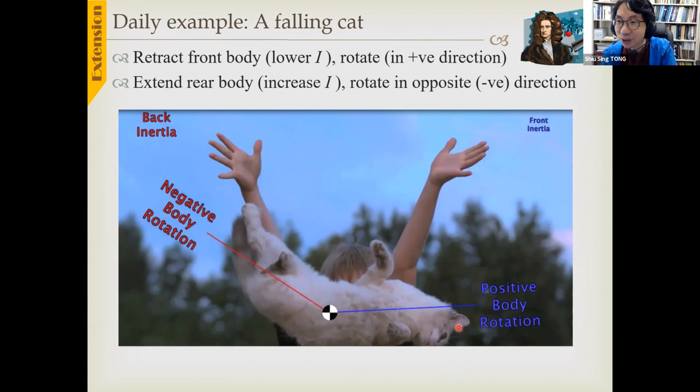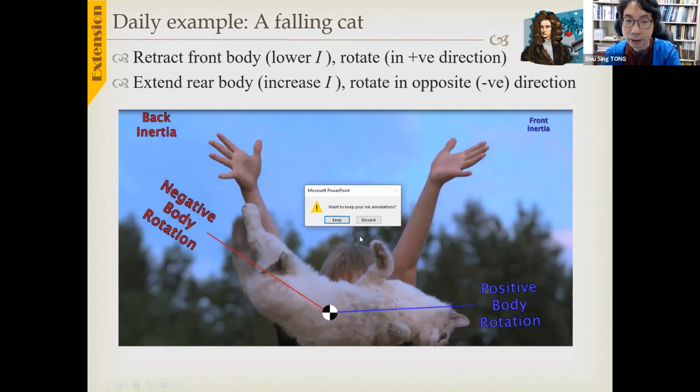And after he turns his front part, he extends his forearms, so it lowers the front part rotation, right? And he retracts his legs, so it speeds up the rotation of his rear part, and that makes the rear part turn again. Okay, and eventually he managed to turn his whole body with the 4 legs facing the ground. So that is an interesting trick.